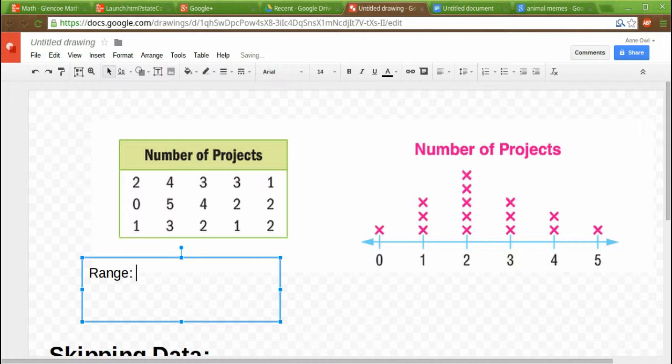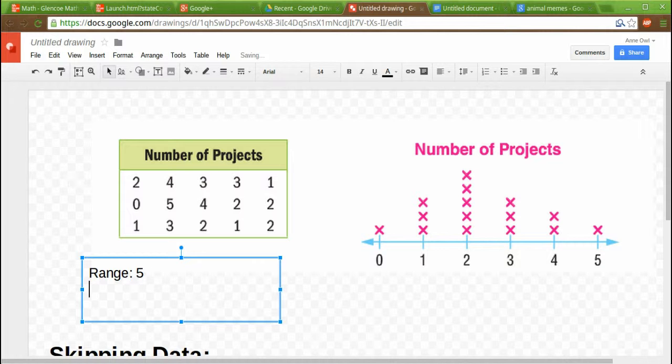Remember, range is the distance between your lowest data point and your largest data point. Here we can clearly see our lowest is 0 and our highest is 5. So 5 minus 0 is 5.